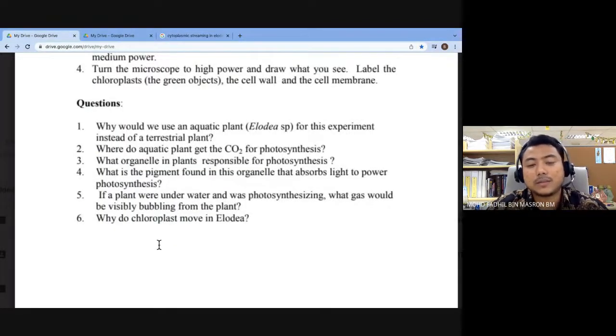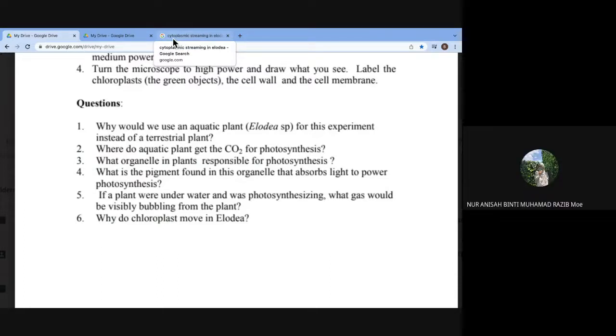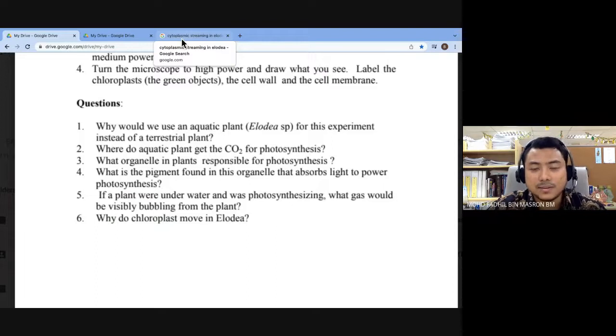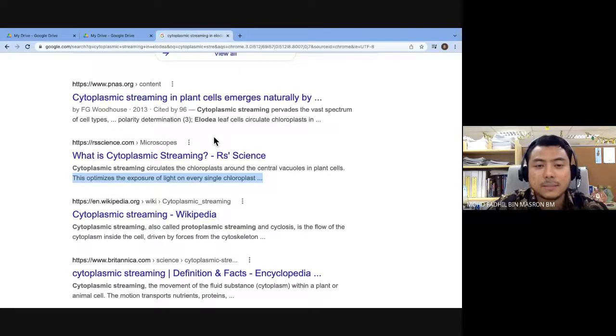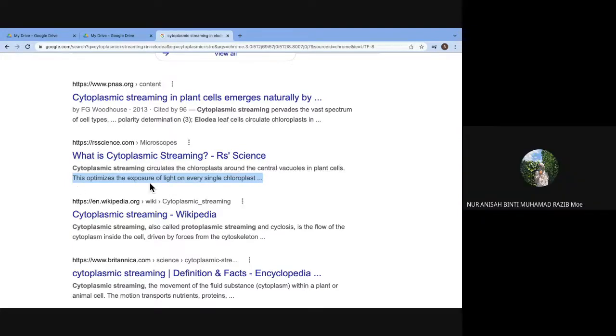So, saya nak tanya soalan pertama. Apa nama movement chloroplast tu tadi tu? Apa nama? Cytoplasmic... Habiskan ayatnya. Cytoplasmic streaming. Okey, betul. So, kenapa dia nak buat ini? Optimize exposure of light on every single chloroplast.